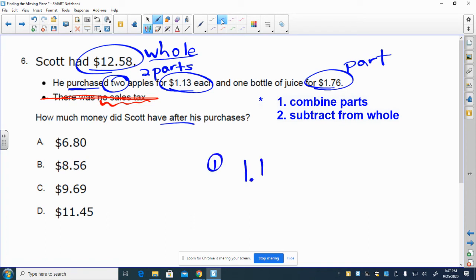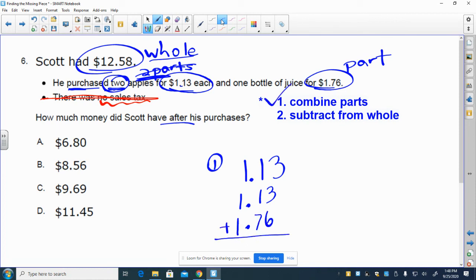Step 1, combine parts, so $1.13. We need to use it twice because he bought 2 apples. Line up the dot and give it all you've got. We've used those parts. The other part was $1.76. Line up the dot and give it all you've got.